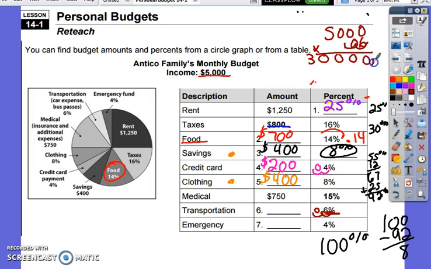Kick my decimal back in 2 places, so my answer is going to be $300. And then we will notice that emergency is 4%, and so is credit card. So that is going to be $200. We would not need to figure that out again.